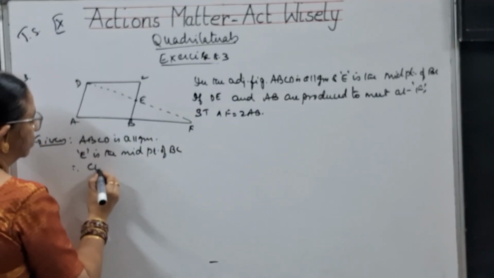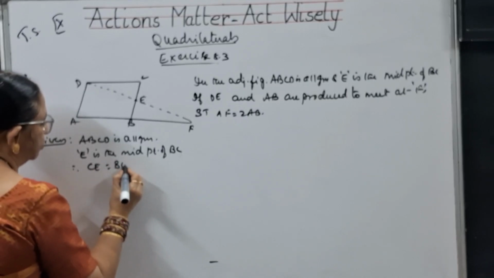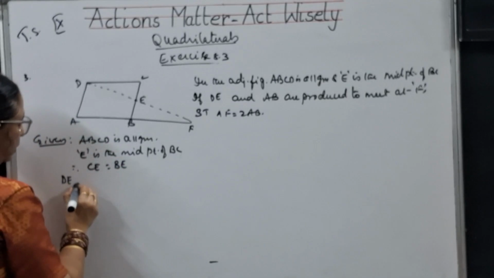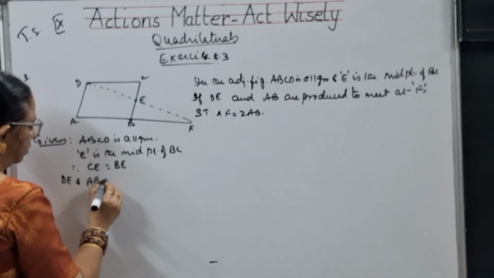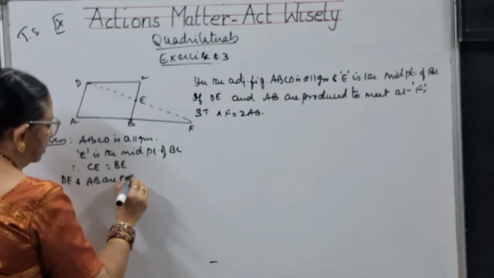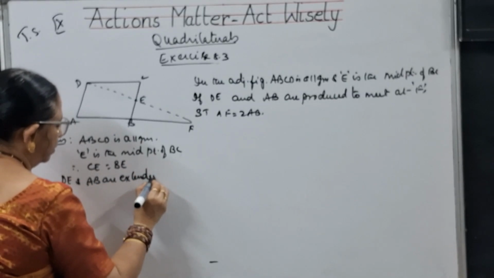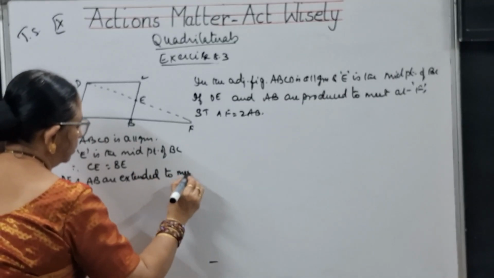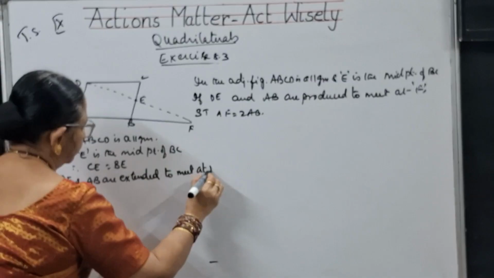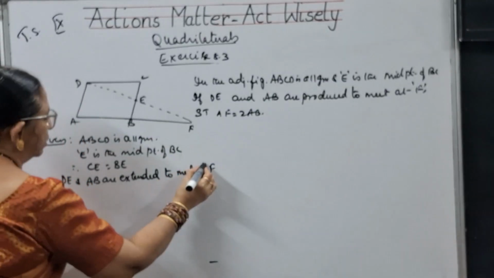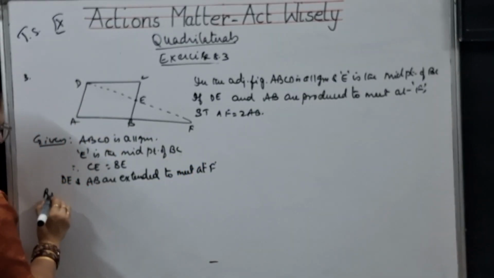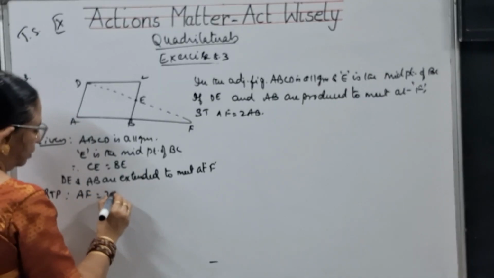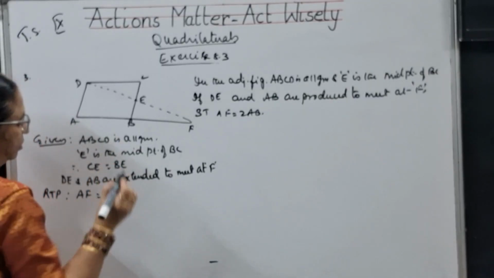We can understand that CE is equal to BE, and DE and AB are extended to meet at F. Now, what is the RTP? What we need to prove? We need to prove that AF is equal to 2 times AB.